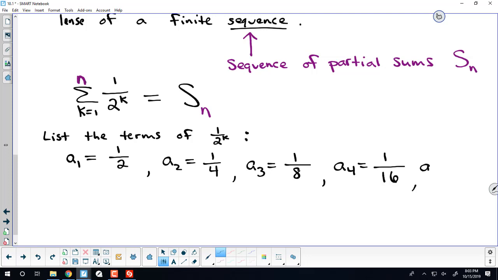And maybe we'll look at the fifth term. What's the fifth term? 2 to the sixth is 64. Okay, so on and so forth.